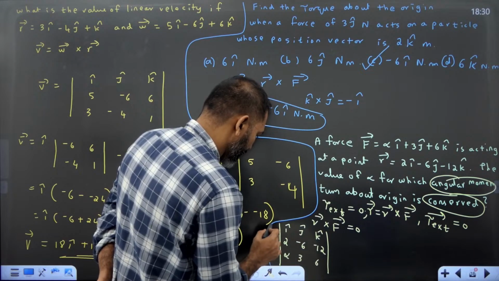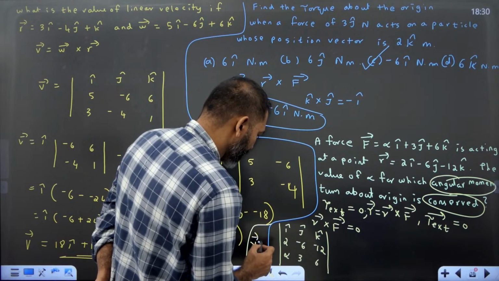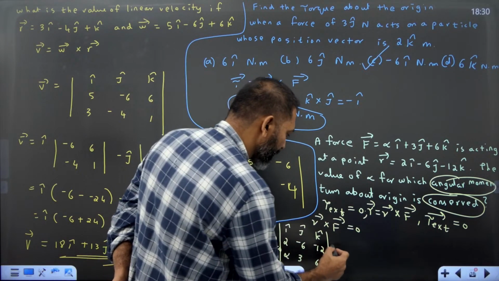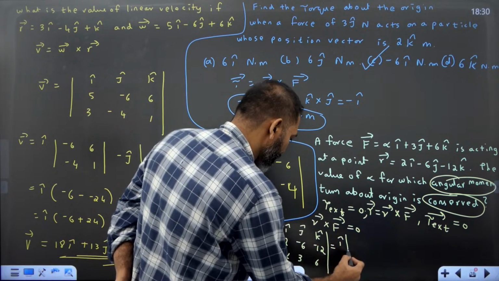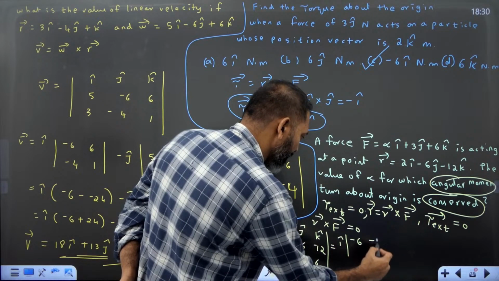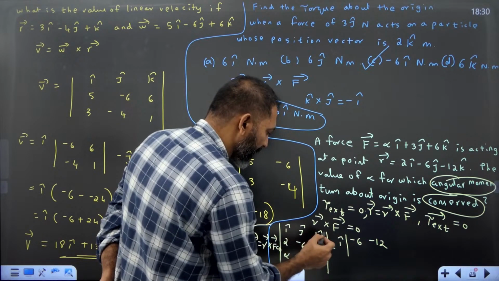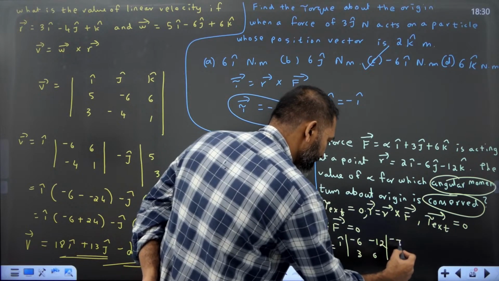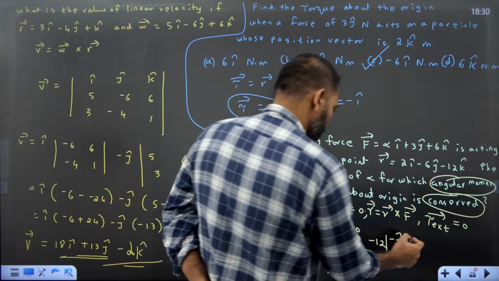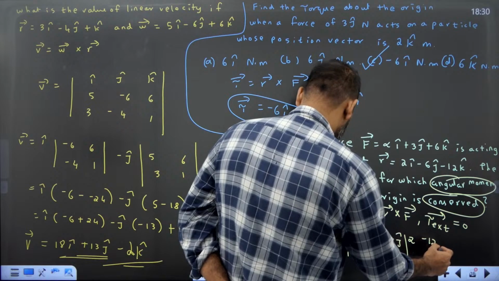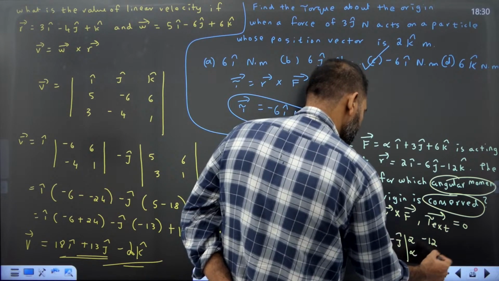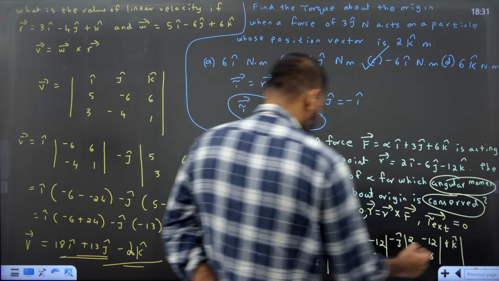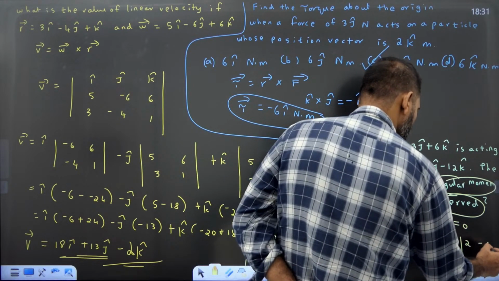So I cap into minus 6 minus 12, 3 6. We remove the row and column which contains I cap. Minus j cap into 2 minus 12, alpha 6, plus k cap into 2 minus 6, alpha 3.